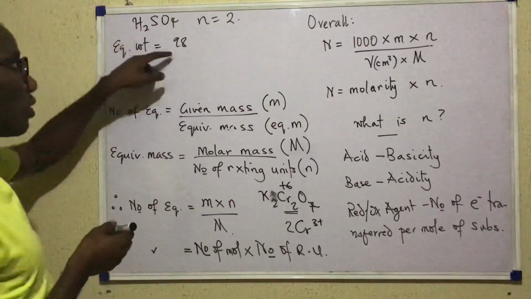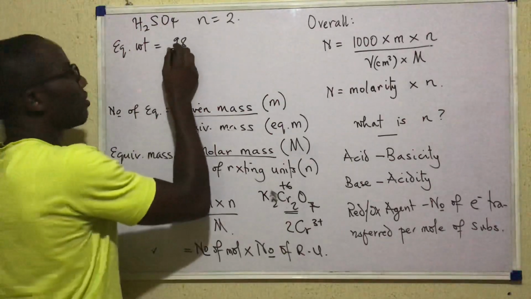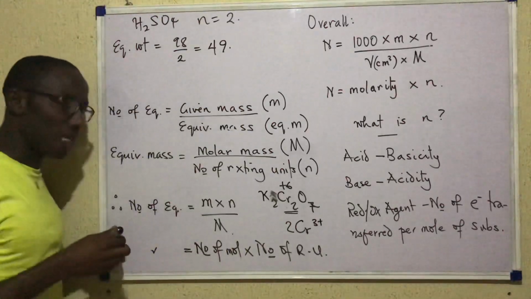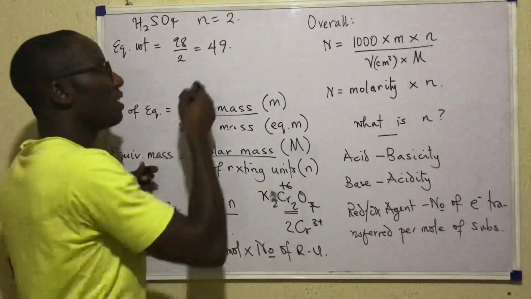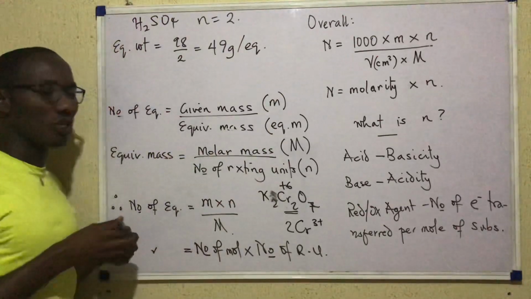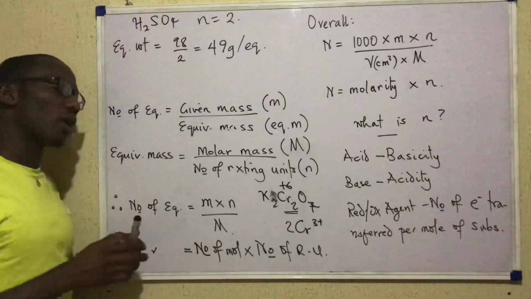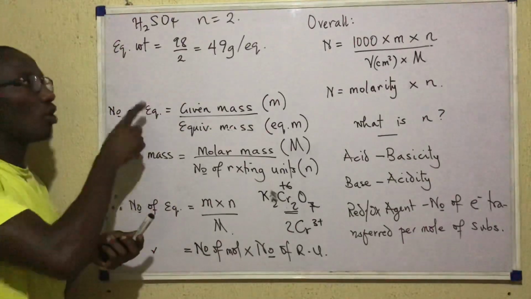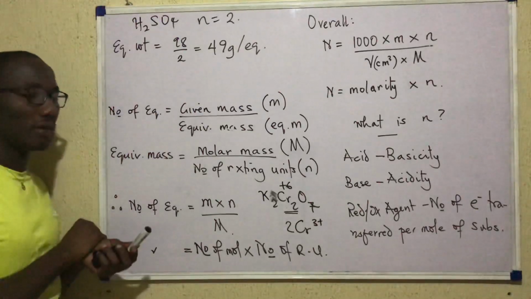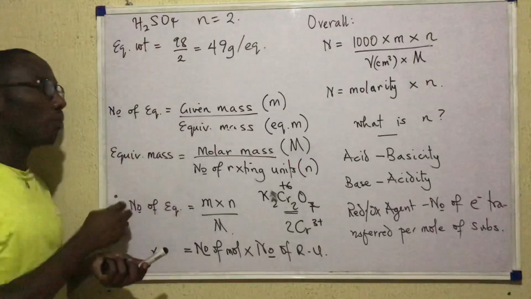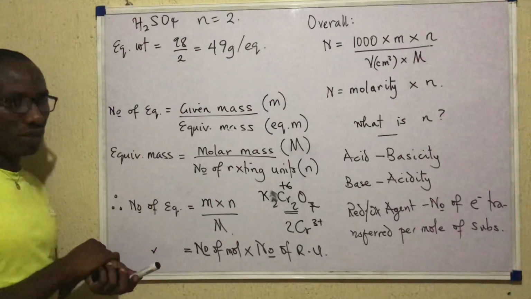If you add those up, you get 98. And when you divide that by 2, you get 49. So that 49 is the equivalent mass, and we write it as grams per equivalent, not grams per mole anymore. So the equivalent mass of H2SO4 is 49, which I got by dividing molar mass by number of reacting units.